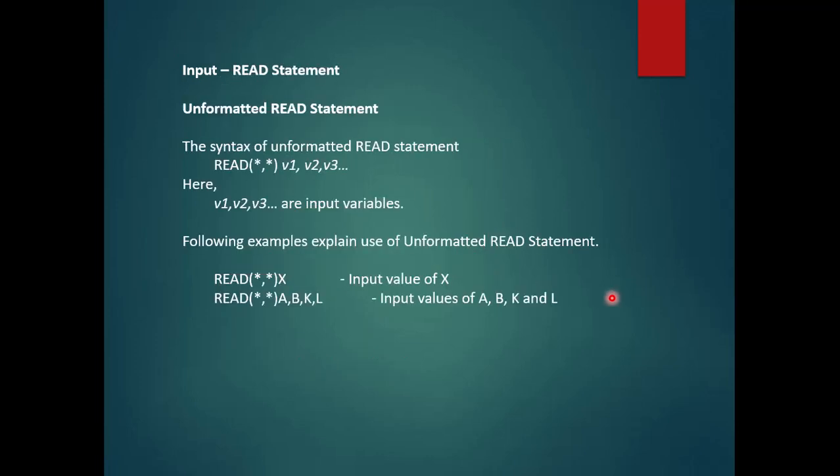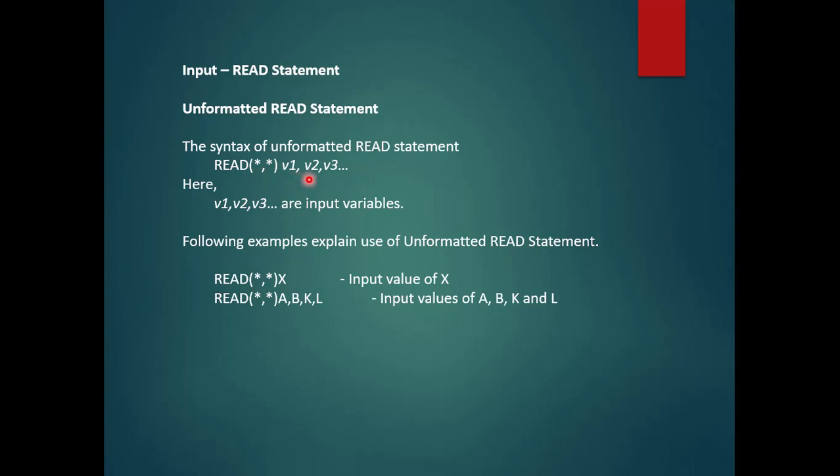If we talk about the input statement or read statement, and particularly the unformatted read statement, what is the syntax of it? The syntax is read star comma star. Why star comma star? Because we have not mentioned anything related to where and how.